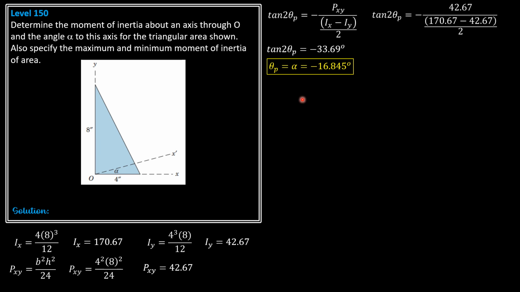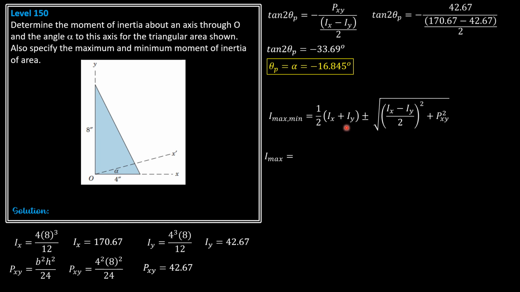For the maximum and minimum moment of inertia, Imax or Imin is equal to 1/2 quantity Ix plus Iy, then plus minus square root of quantity Ix minus Iy over 2 square plus product of inertia with respect to xy axis square. So everything is known.